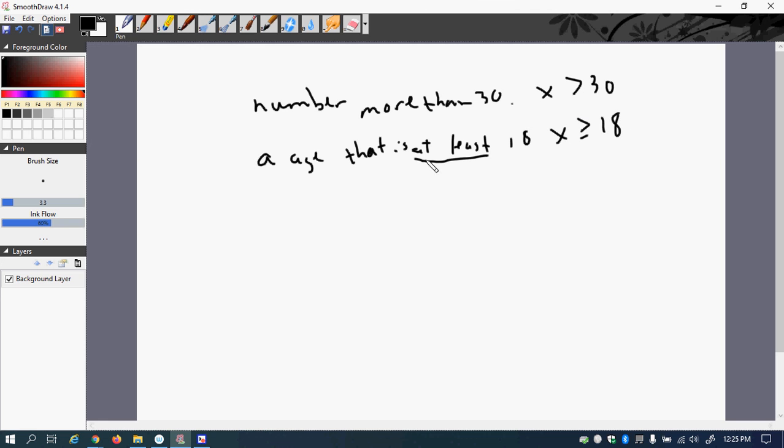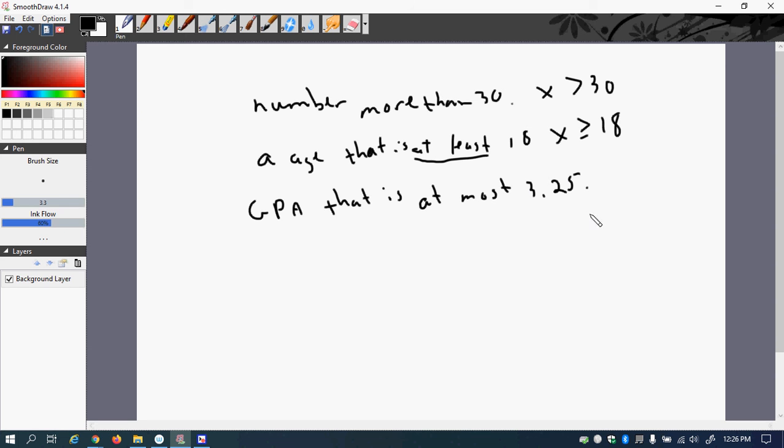And then let's say a grade point average that is at most 3.25. So a grade point average, I'll just abbreviate since my handwriting is so bad, that is at most 3.25, right?